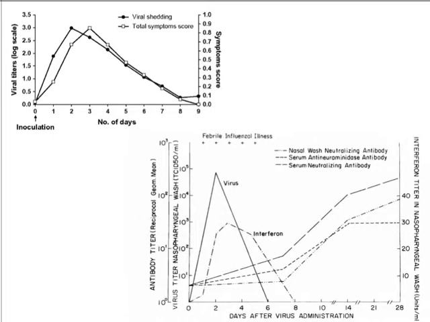This is another similar study where volunteers were also infected, and we're looking at days after virus administration. We're looking at both virus titer, this straight line here. You can see it peaks very rapidly, and here's the febrile illness right here, and it goes away, and then it declines quickly. Then we're looking at interferon here, which peaks early on, and finally antibodies come up much later, as you see.